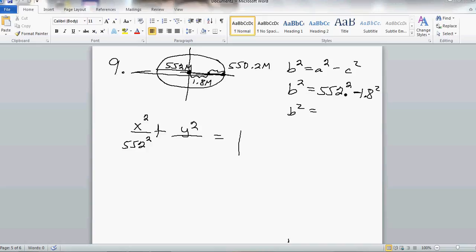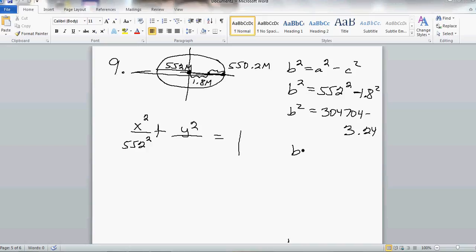Let me get my calculator out here real quick. I knew this would be coming up. I need 552, square that. So that is 304,704, minus 1.8 squared, which is 3.24.